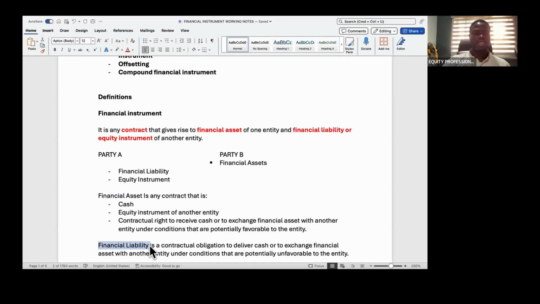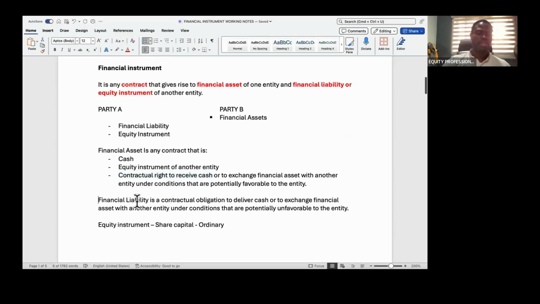I told you that financial asset is cash, equity instrument of another entity, and contractual right to receive cash. And I told you that financial liability is a contractual obligation to deliver cash. And I told you that equity instruments are majorly ordinary share capital.